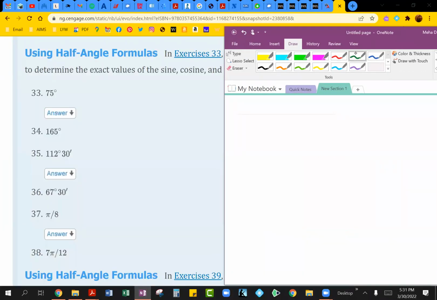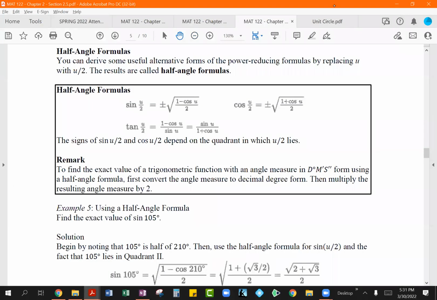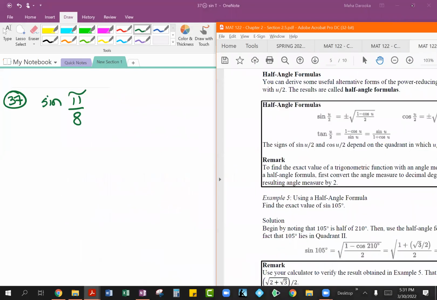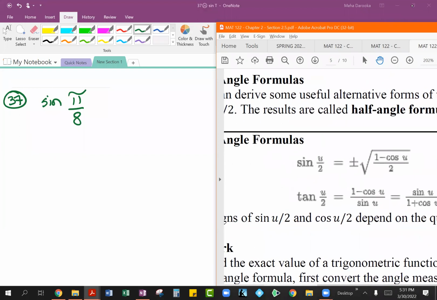Okay, so this is number 37, and we want to find sine of pi over 8. Let's see what this function looks like.